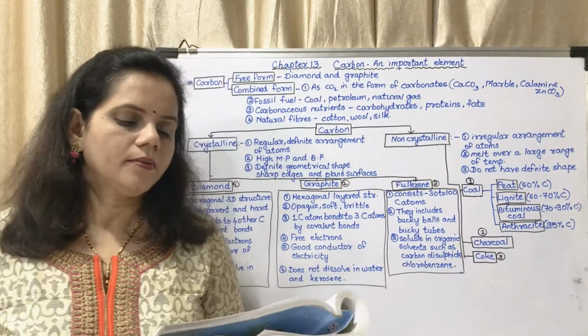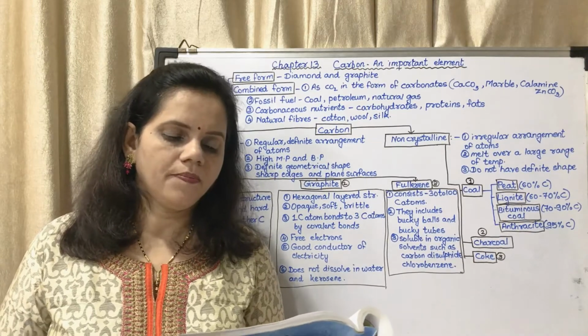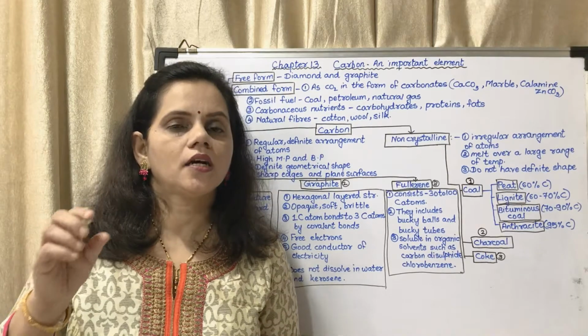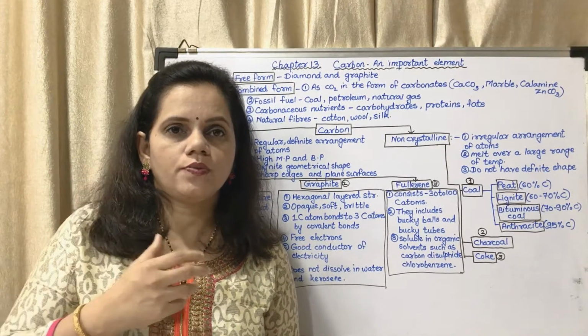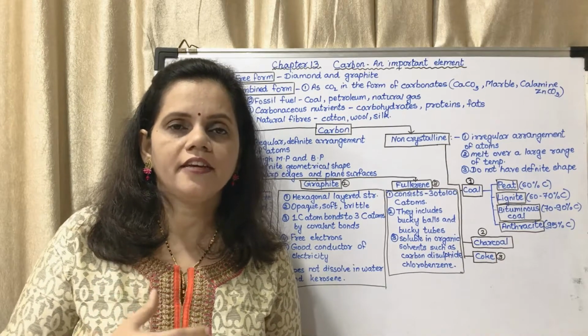Next is fullerene. An allotrope of carbon rarely found in nature. It is found in soot. Now what do you mean by soot? The black colored substance which you get on incomplete combustion of any fuel.